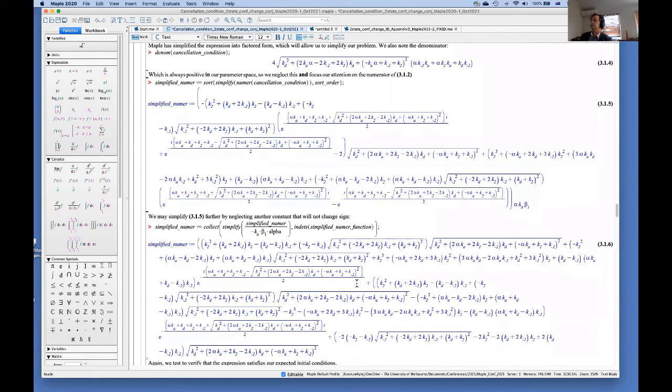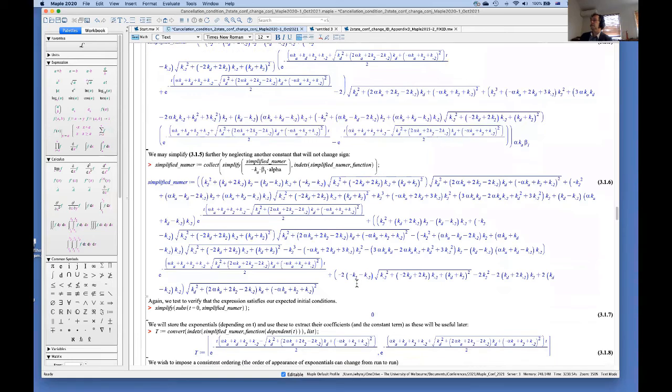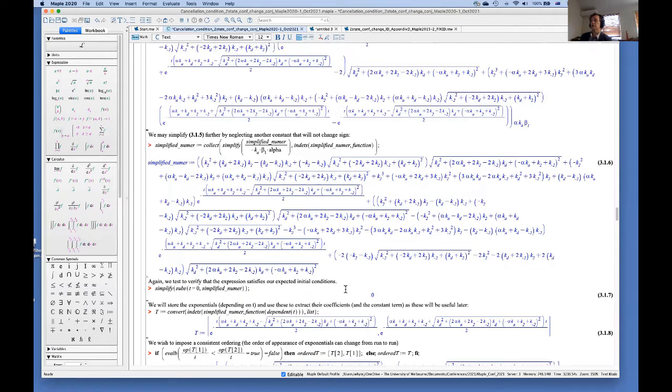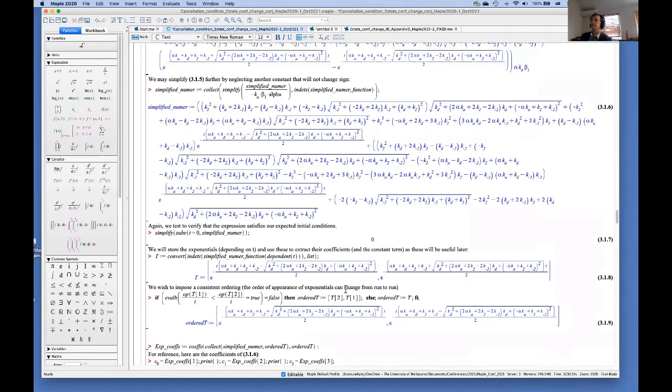So, through a process of discovery, we can simplify this, which means fewer processes to complete, as we want to substitute in a whole lot of different randomly generated parameter values to test whether the solutions of the cancellation condition, that numerator we started looking at, which is now simplified.